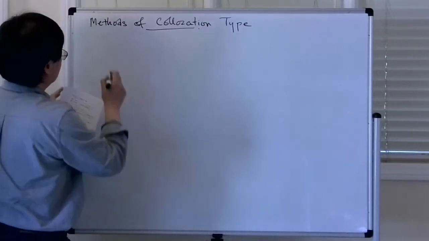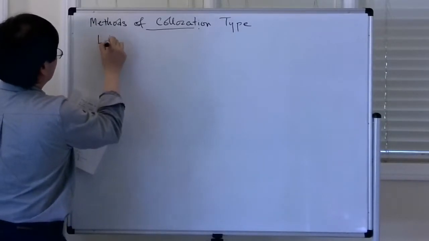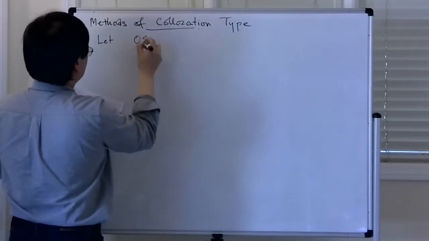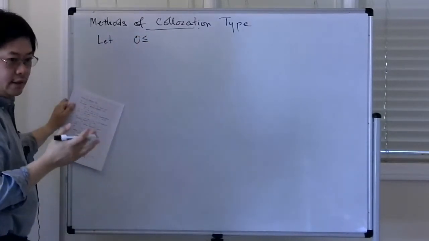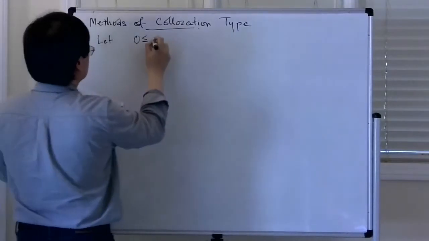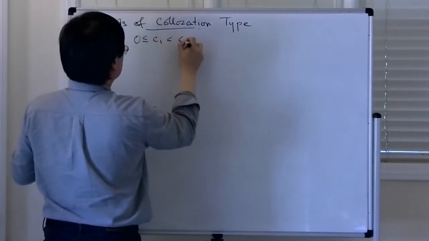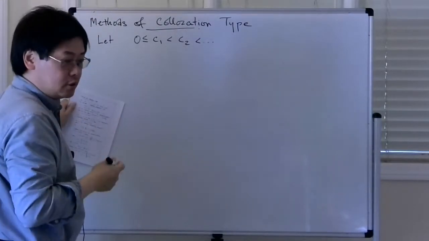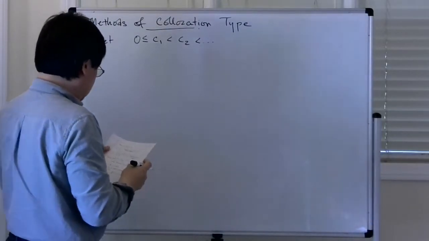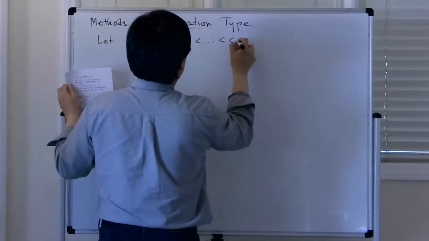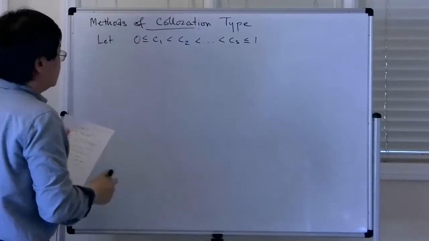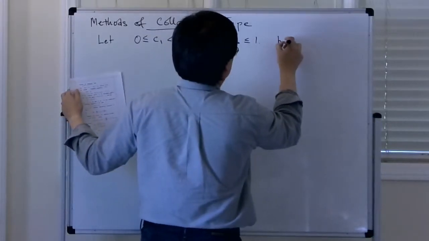Okay, so let's start with the setup. Let's say that you have a bunch of collocation points, which are normalized to be in the interval from 0 to 1. Without loss of generality, I'm going to order them because I'm going to assume that they're distinct. So c1 to cs, and these are distinct points.